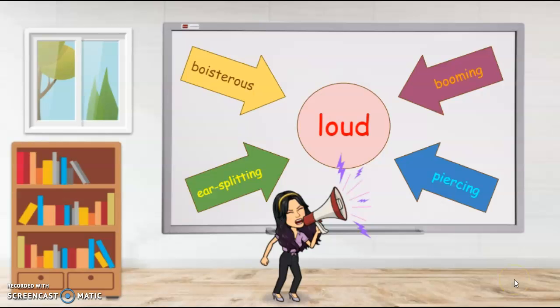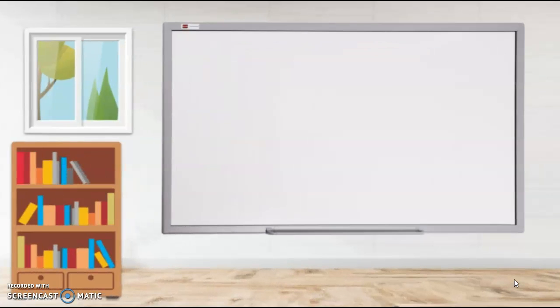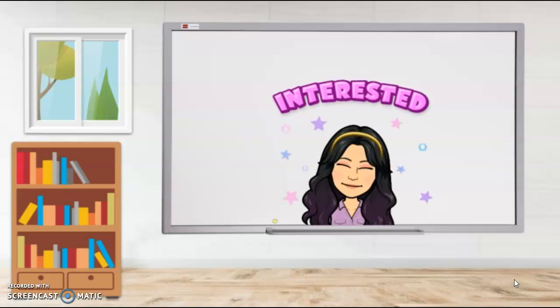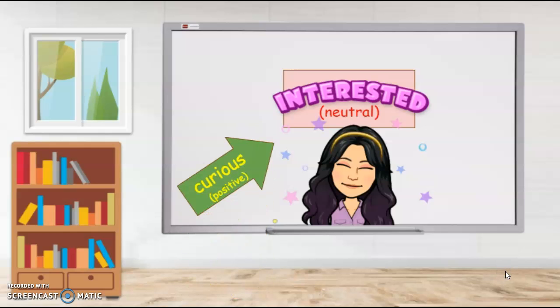Let's have a discussion about emotions and connotations. Connotations often include negative or positive emotions that are associated with a particular word. On the screen, we have synonyms for the word interested. Interested itself is a general or neutral word because there is no strong emotion connected with it. And then we have the words curious and nosy.